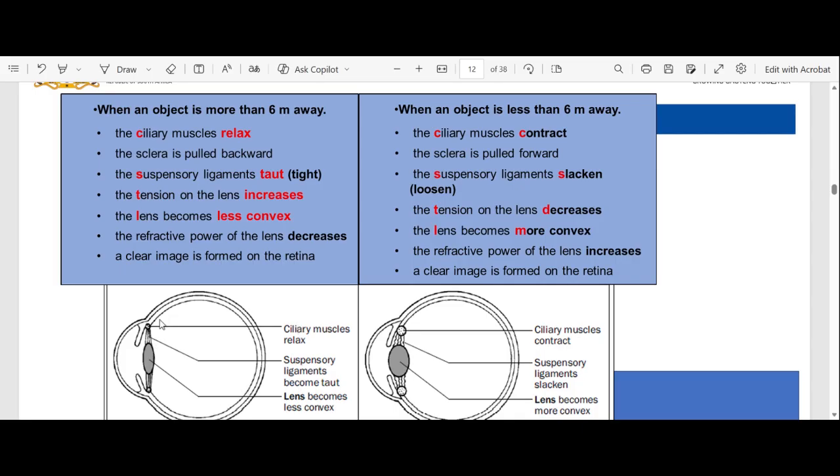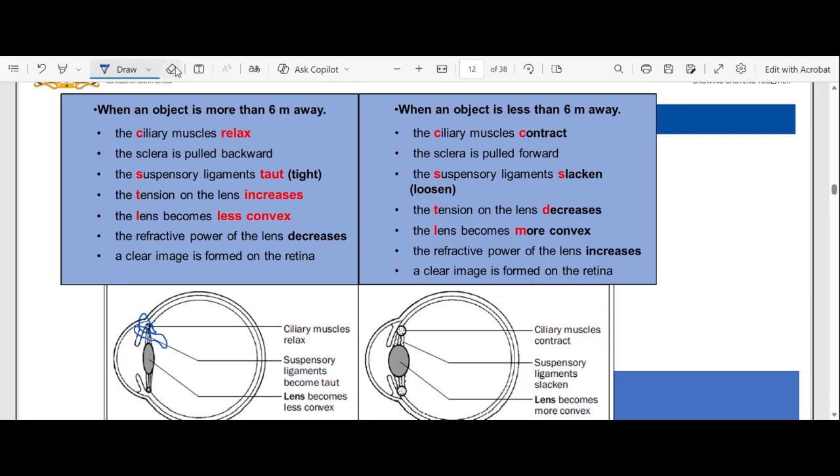So the structures that are involved in accommodation are your ciliary muscles, right? Remember, within the ciliary body, you get your ciliary muscles, which are here. Then underneath your ciliary muscles, you have your suspensory ligaments, right?